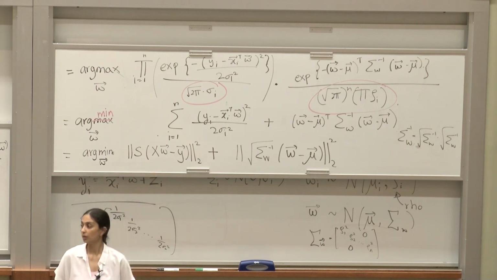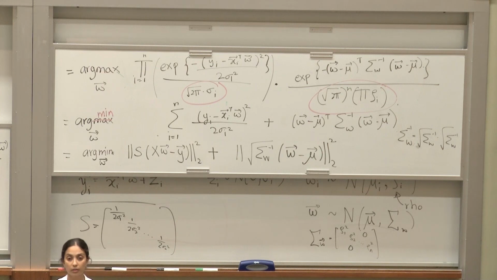Yes, question? Is there a reason why in the S matrix we have to divide by square root of 2, but in the sigma matrix we don't divide by square root of 2 in the diagonal? I'm not sure what you mean, but it might just be that I defined S differently in the other case. It'll be all consistent. I'm not sure I understand your question. I think S has less weight than the square root of sigma W inverse.